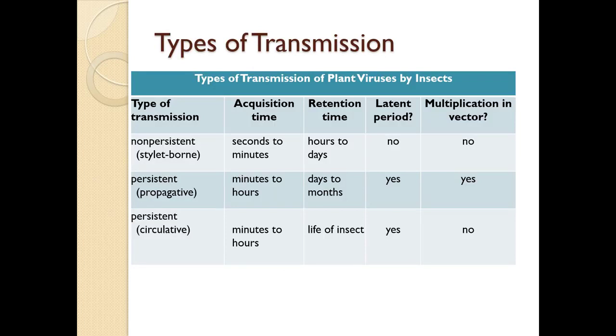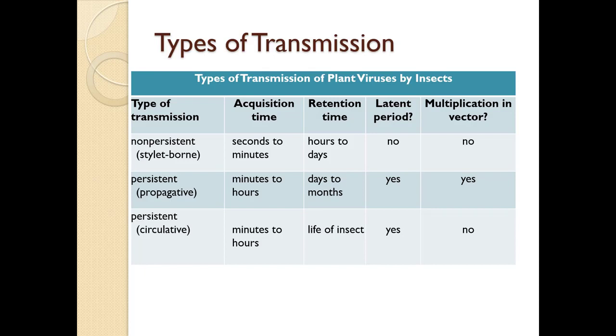So real quickly here, we've got the type of transmission. Non-persistent, stylet-borne, seconds to minutes, maybe can retain within the insect hours to days. Latent period, no, and doesn't multiply within the vector. Persistent propagative, minutes to hours.